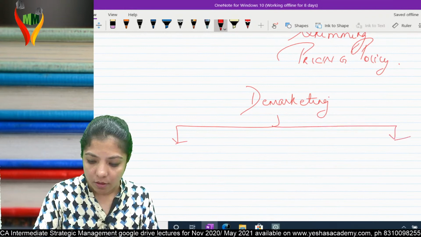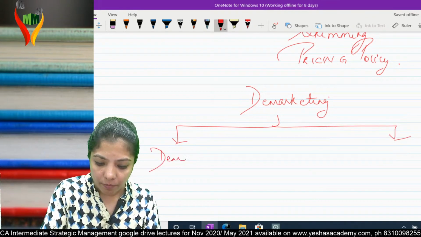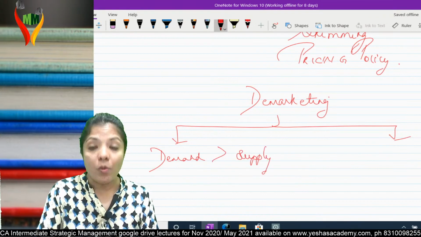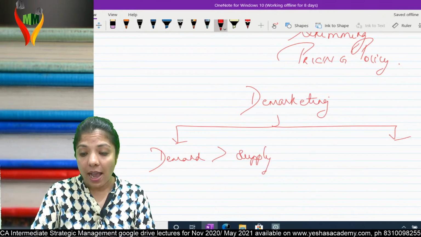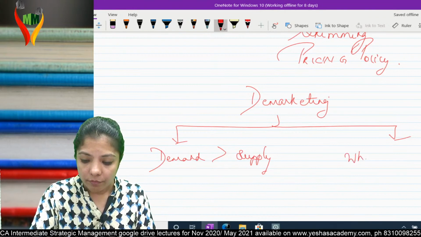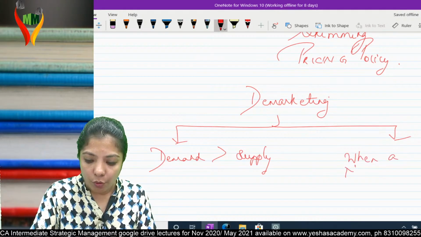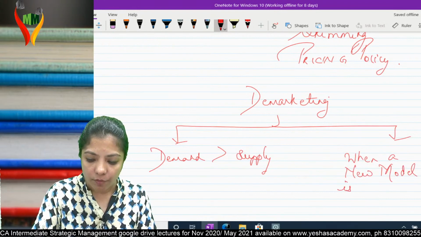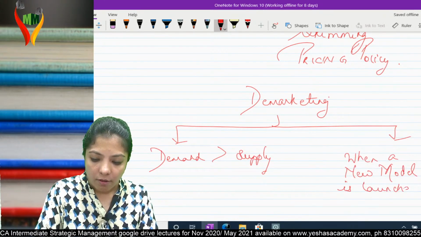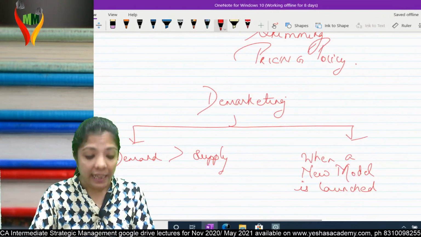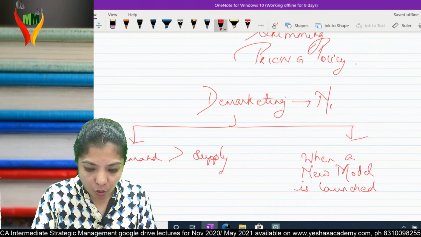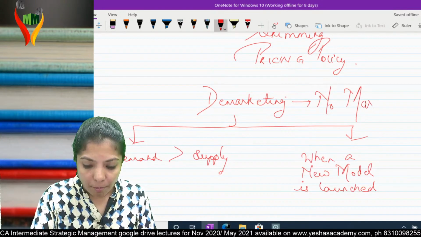First, when demand is greater than supply, and second, when a new model is launched. When I say demarketing, it means no marketing.